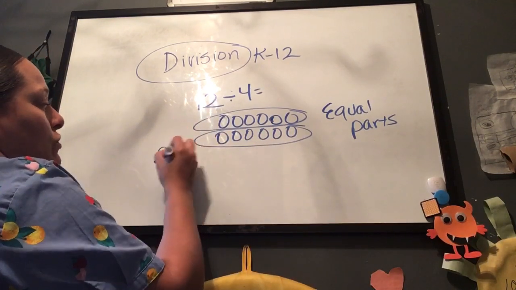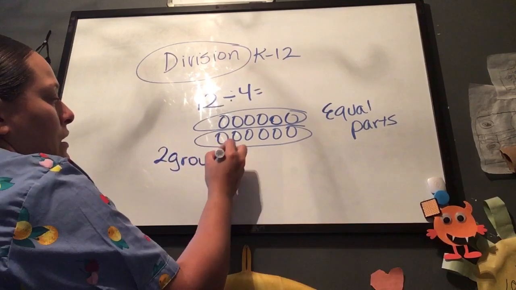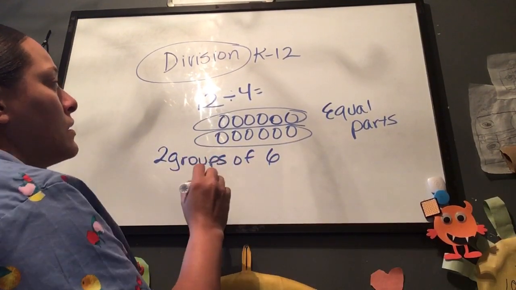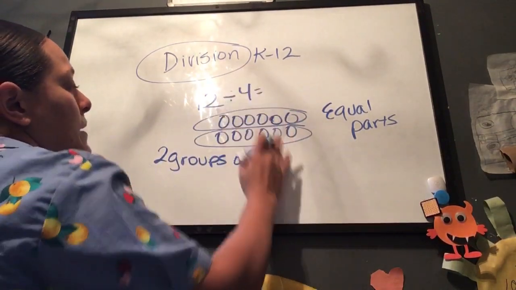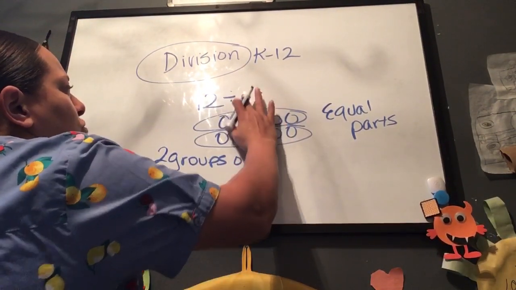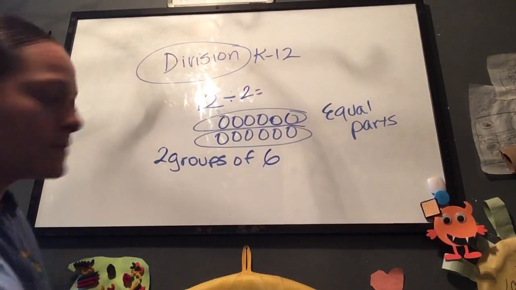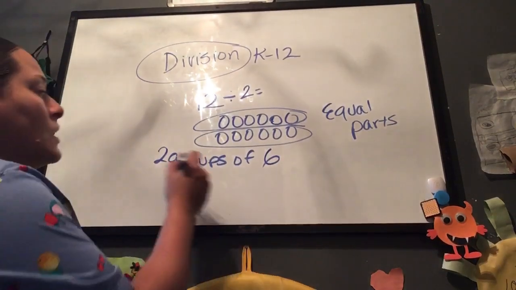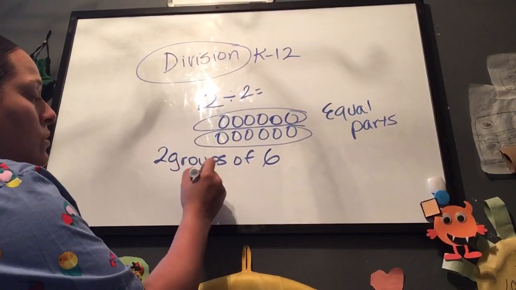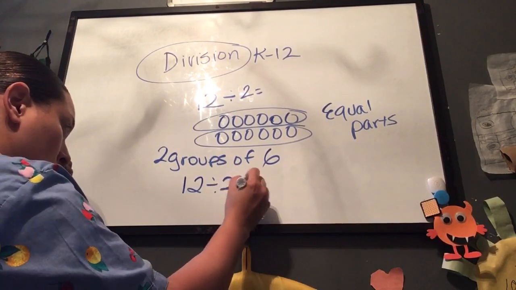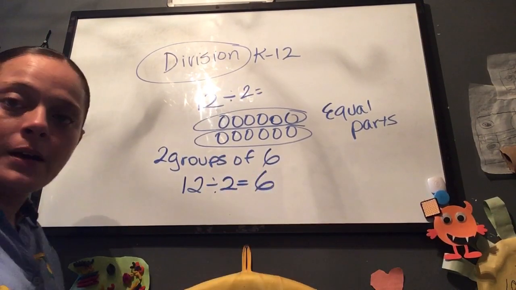So we have 2 groups of 6. We're doing 12 divided by 4. Let me change it to 2 to make it a little bit easier. Sorry about that, guys. So 2 groups of 6, right? So we could divide it by 2. That means 12 divided by 2 gives us 6, right?